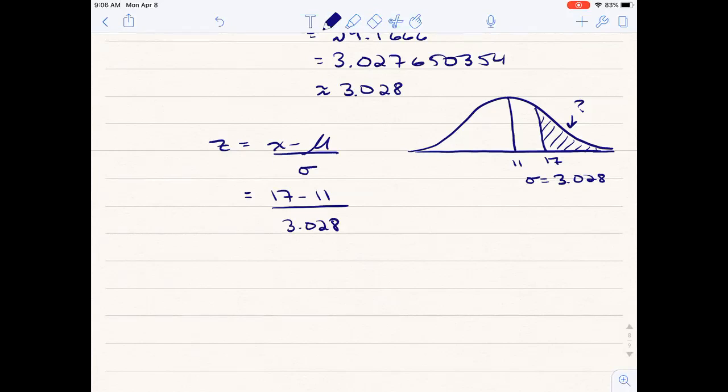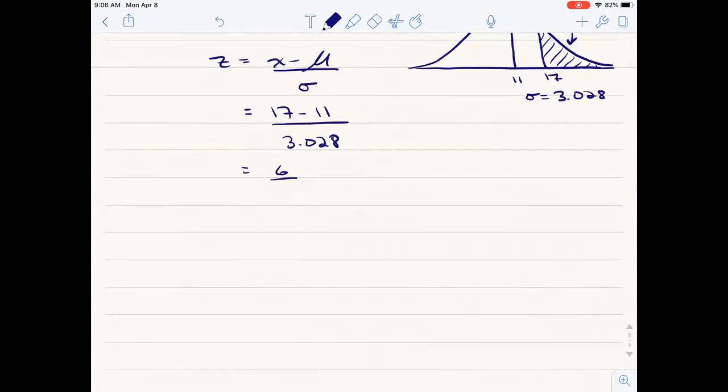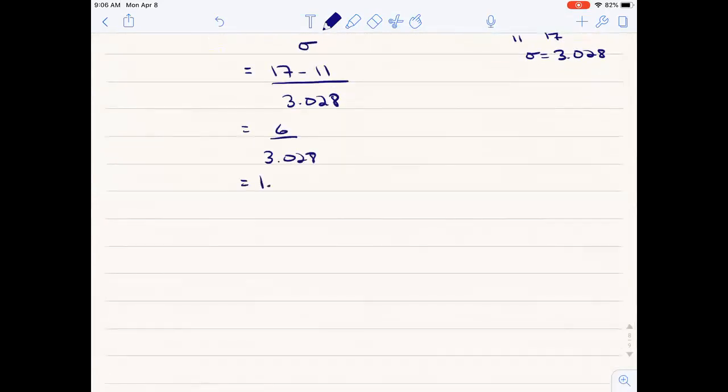So 17 minus 11 is 6, divided by 3.028 is 1.98150595. Z scores have to be rounded to 2 decimal places, so 1.98 once we round properly.